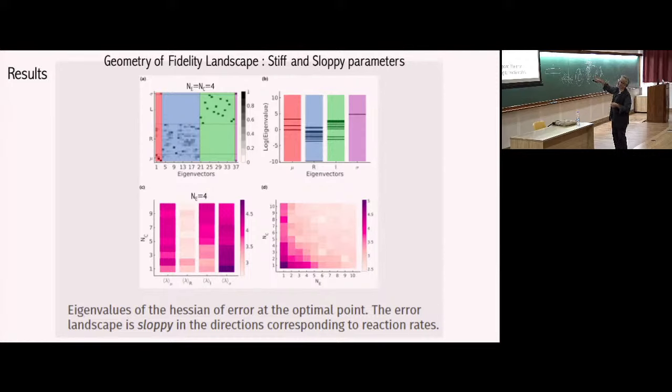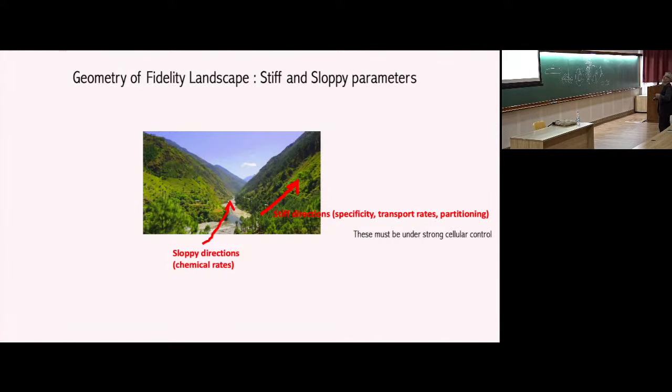The shapes are high when you have more compartments. And here, for the specificity, I made a mistake: the mean eigenvalue in the specificity sector is almost independent of the number of compartments.